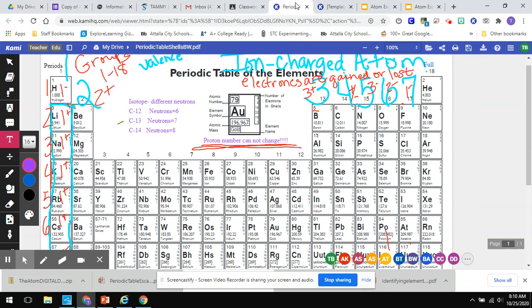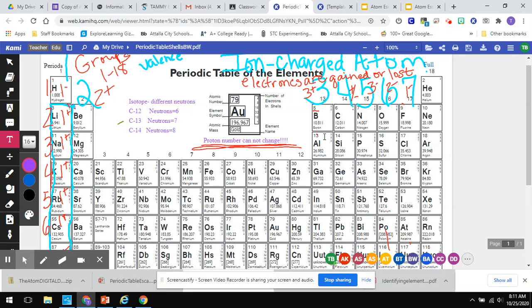Because if we go to the periodic table, we can see aluminum is in this group right here. So aluminum, when we would diagram it with an atomic number of 13, if we did its electrons as an atom, it would have 2 on the first level, 8 on the second level, and 3 on the third level. Well, 3 being on the outer level, that level wouldn't be full until 8, which means that it would need 5 more to get full, and it's not going to be able to get 5.